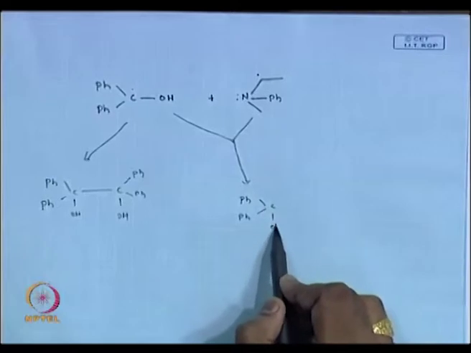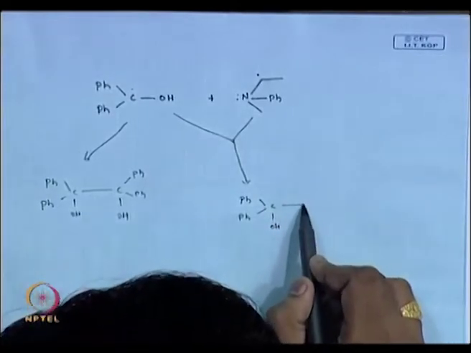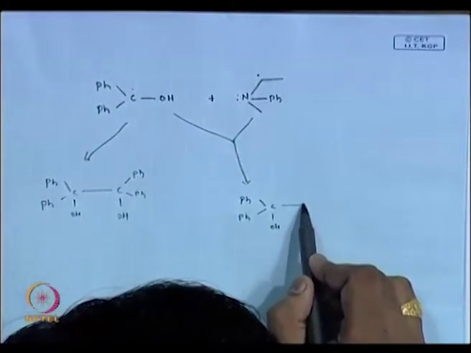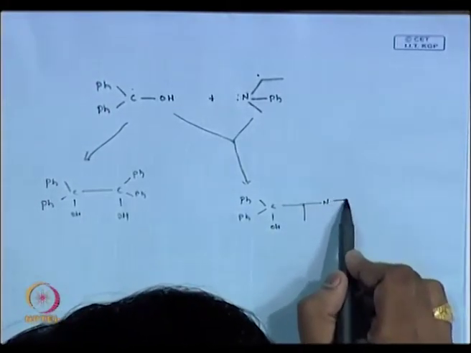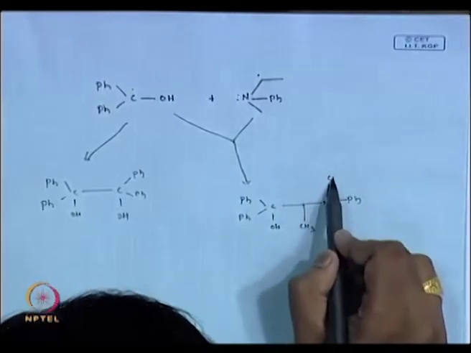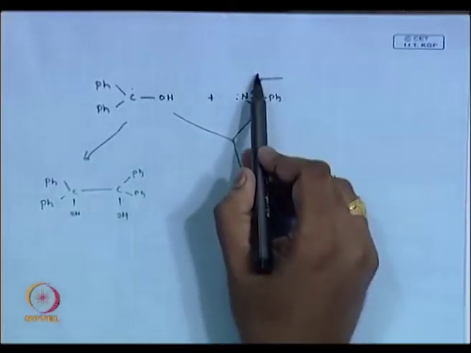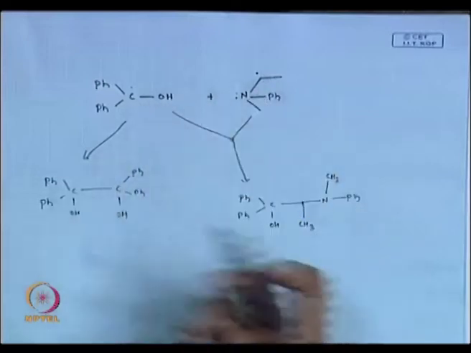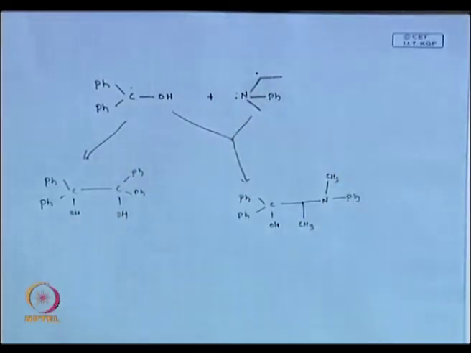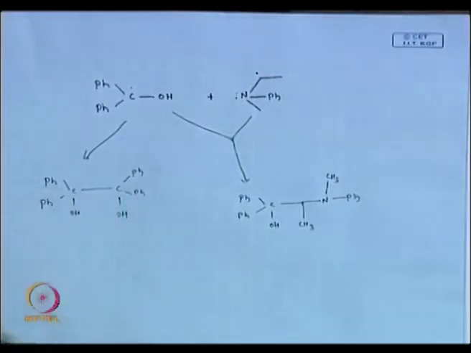We can see this type of products also. You can get this type of products also, right? Here it can make a bond. So, that also happens, but this is the major product you get most of the time, benzopinacol.